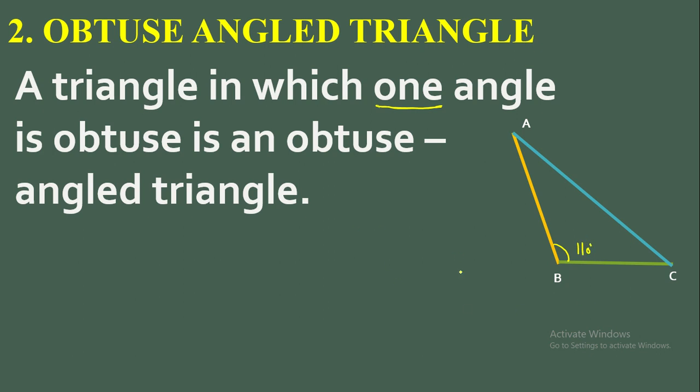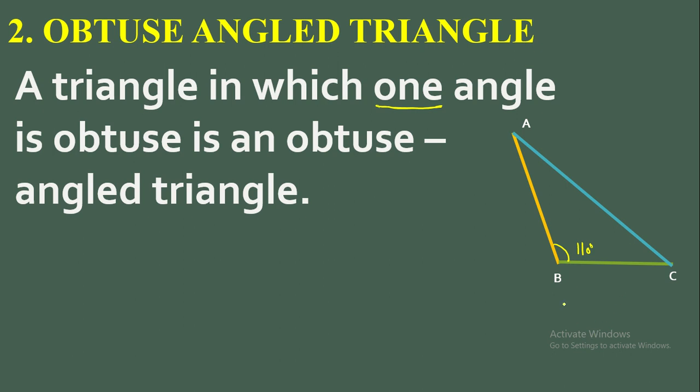If we suppose that another angle is also more than 90, for example 91, then if we add these two, it will become 201 degrees. But it is not possible that the sum of two angles of a triangle is more than 180, because we know that the sum of all the angles of a triangle is 180, which we'll prove ahead in this tutorial.